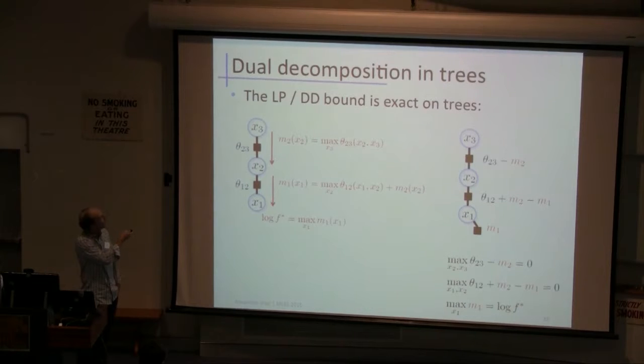I'll eliminate over x3, so I'll get some function of just x2 that eliminated over x3. Then I add that to theta 1, 2 and eliminate over x2, and then I can eliminate over x1. So this is just a variable elimination 3, 2, 1.